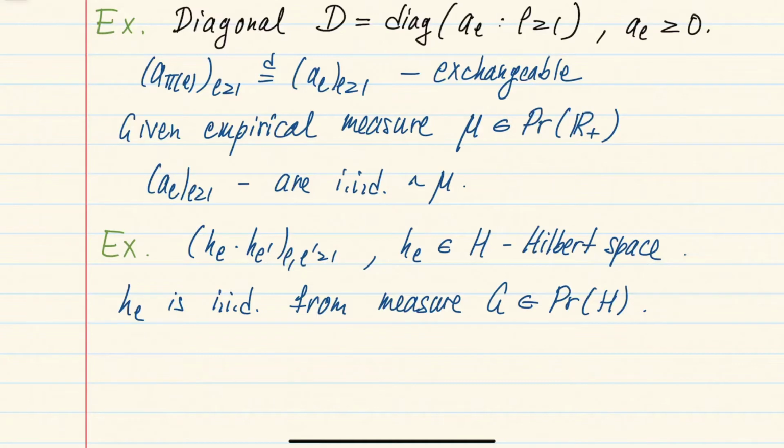But we can notice also that this measure can be random. So we can suppose that G is a random measure.